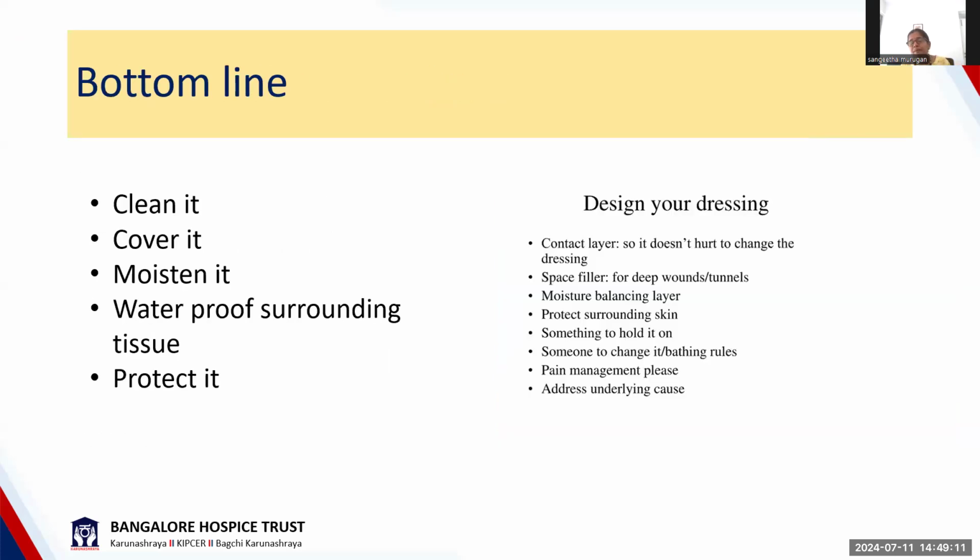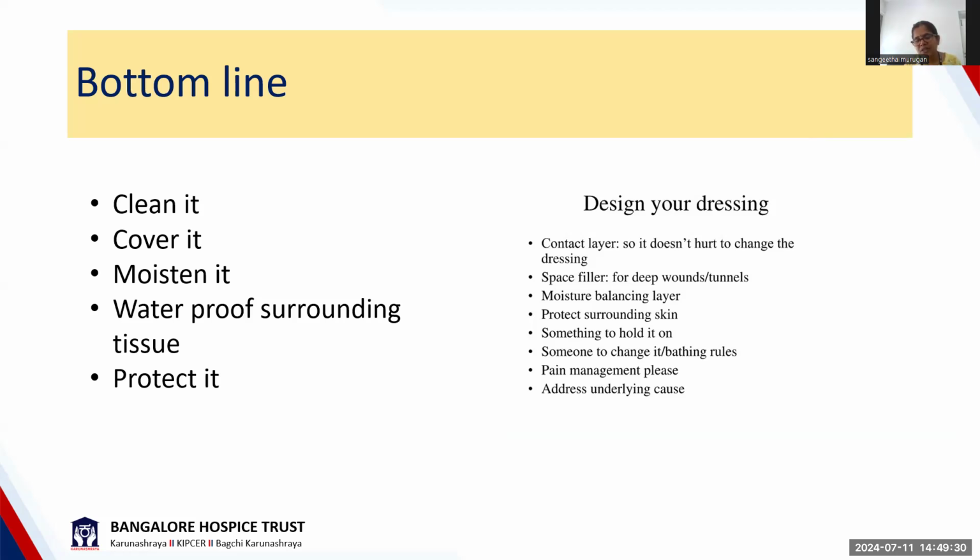So the bottom line here is you need to design your dressing properly. The design should include a contact layer that does not hurt the wound when you change the dressing, and there should be good space filler for deep wounds.